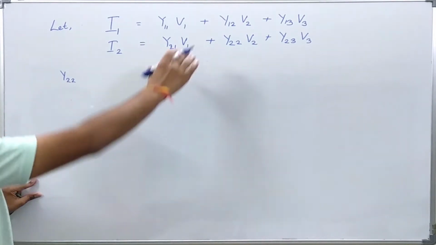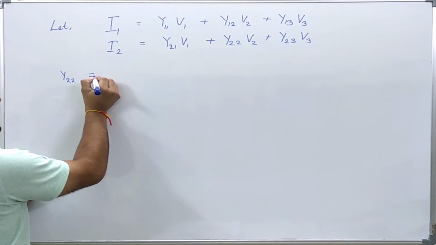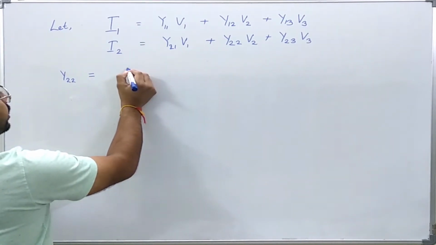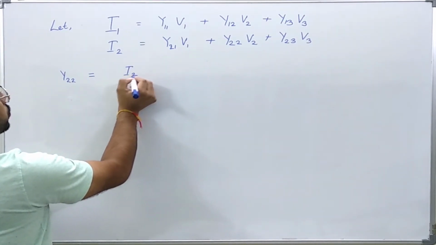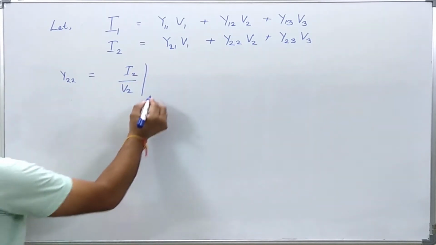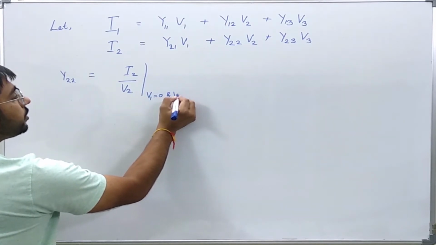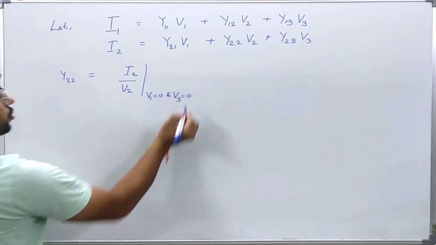Now from this equation, I can see that Y22 can be written as the ratio of I2 over V2 when V1 is equal to 0 and V3 is equal to 0.